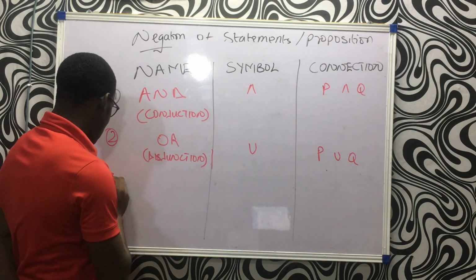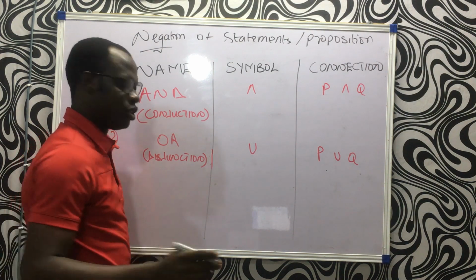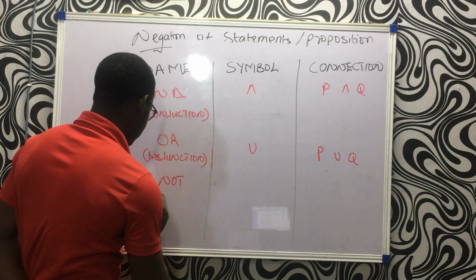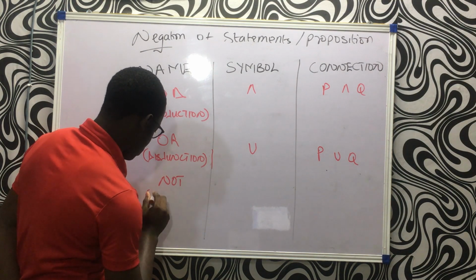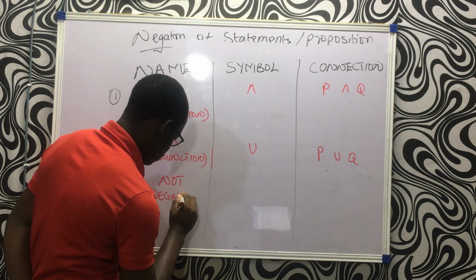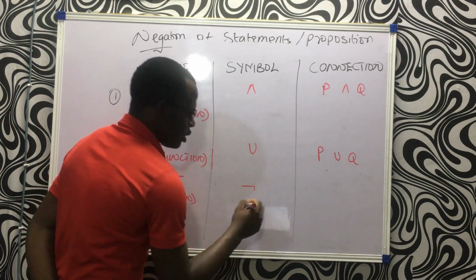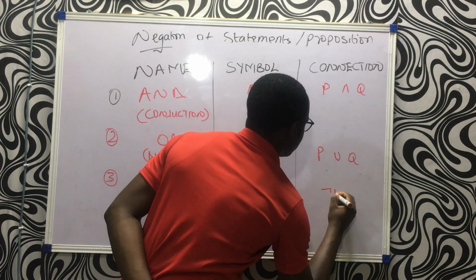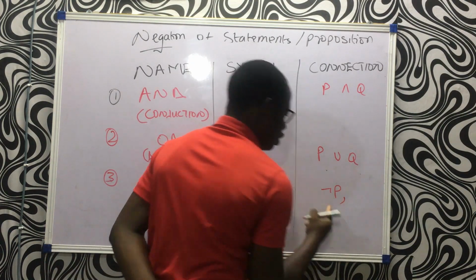And then we have another one, which is the negation, and we call it not. Just like I said earlier, this is the symbol. So the connection, you have something like this. It can be this, which means what?